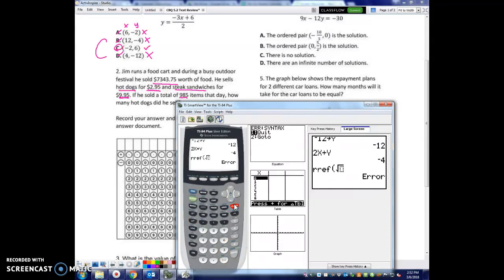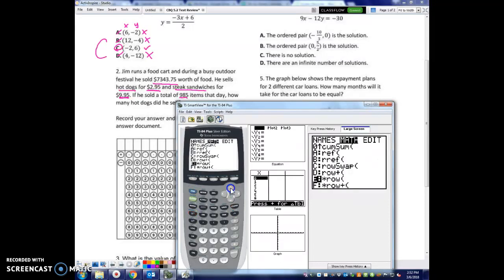Whoops, I've typed it wrong. Matrix over RREF. Second matrix, oops, wrong button again. Matrix A, there we go.